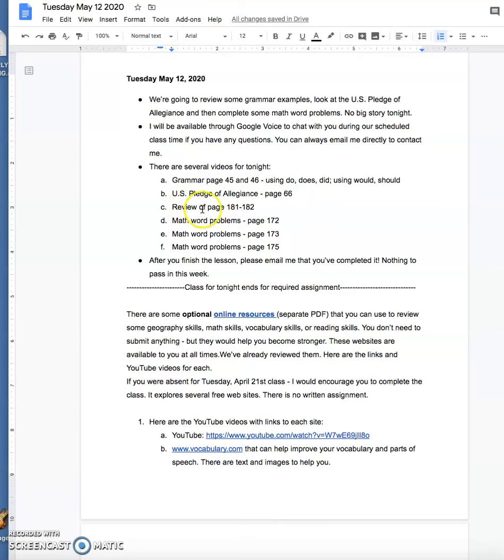I'm going to do a review of pages 181 to 182, and I'll do that right before we do the 3 math word problems, 3 pages on 172, 173, and 175. And I also will provide the answers to the math problems after you've tried to complete them. Okay, so you'll be able to see and compare how you did after you do the math problems tonight. Great.